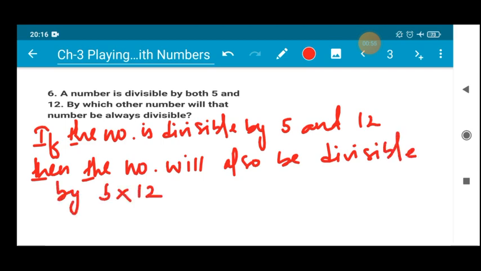Whatever the numbers given there, that is 5 and 12, multiply that, 60. So the number will also be divisible by 5 into 12, that is 60. So 60 is the other number that will always be divisible. Okay, 60 is the other number.